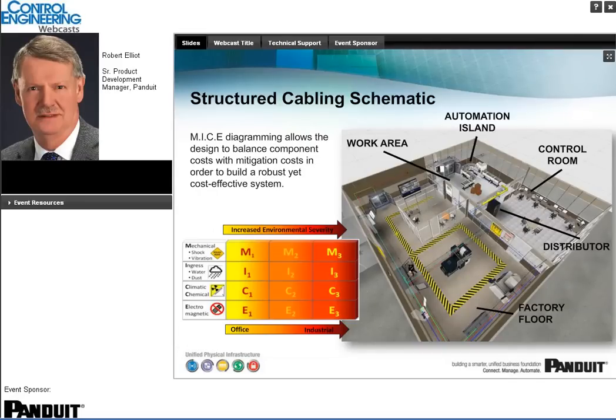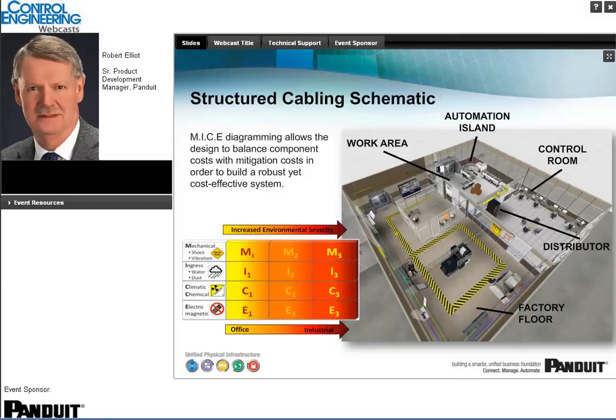Just expanding on that slightly, some of the different MICE criteria is determined by that number that you see under each of those letters. 1, for example, would be an office environment, 2 might be light industrial, and then 3 would be harsh industrial, perhaps up by that welding machine or in the presence of sort of motor control centers.